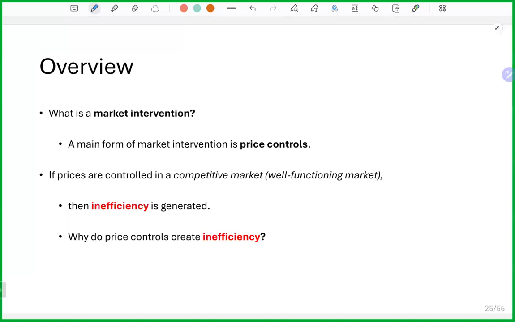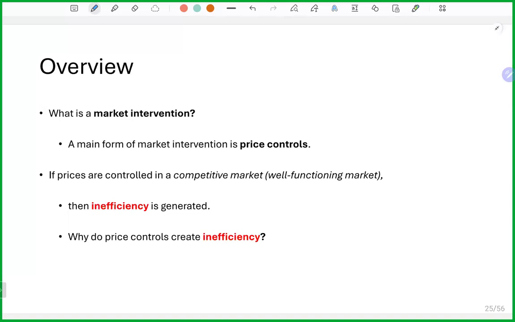They do it because they don't understand the market at first. They do it because they have different goals, not just to maximize efficiency. What is the goal of the government?